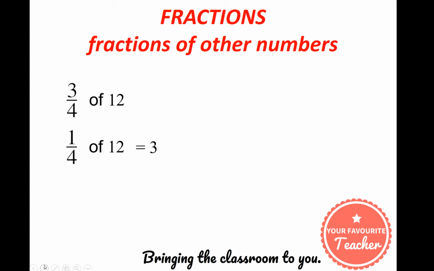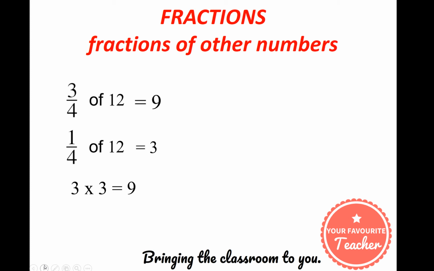So 12 divided by 4 is 3, and that's 1/4. But I need 3 of those quarters. So it's 3 times 3 is 9. So I can say that 3/4 of 12 is equal to 9.